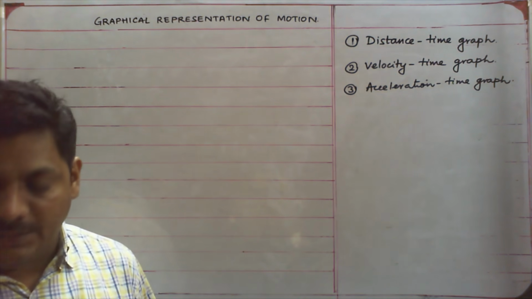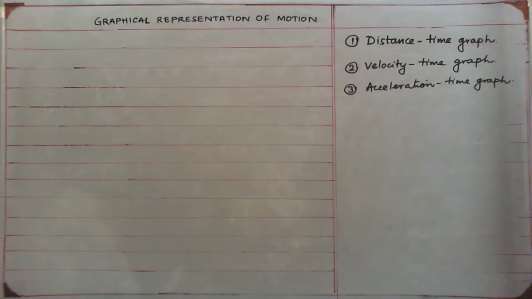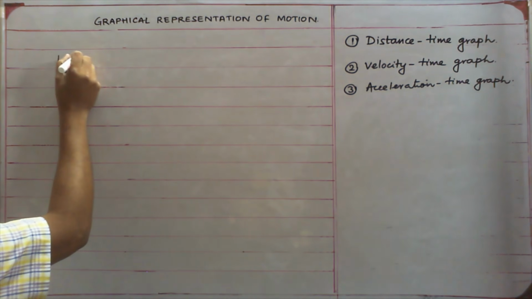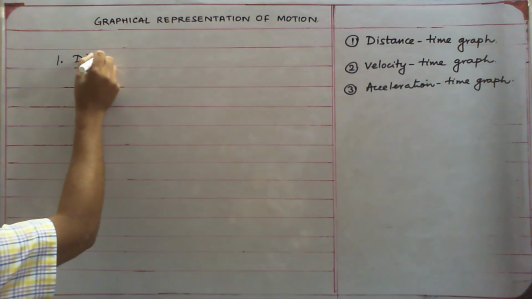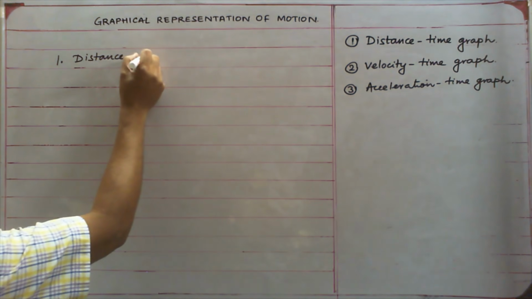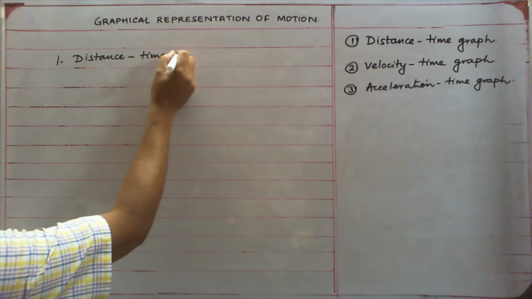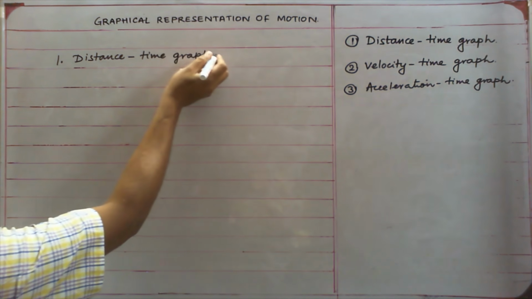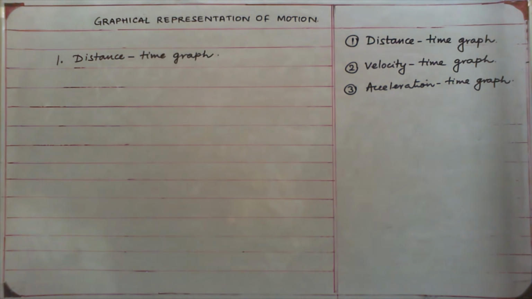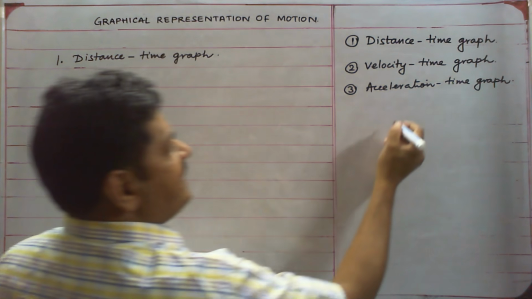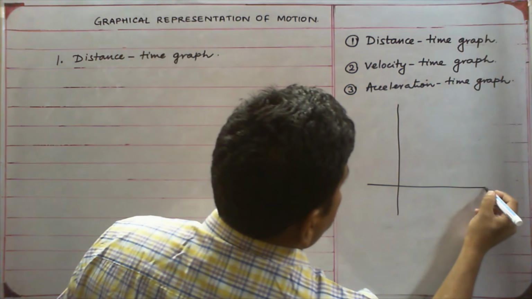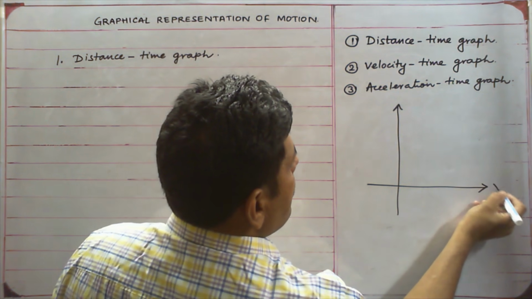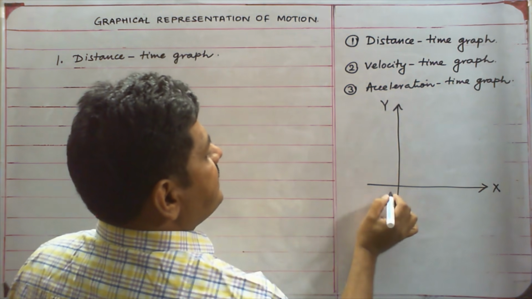Okay, so the first one is distance time graph. Now when we are drawing a graph, we take axes, the x-axis and the y-axis. This is the origin.